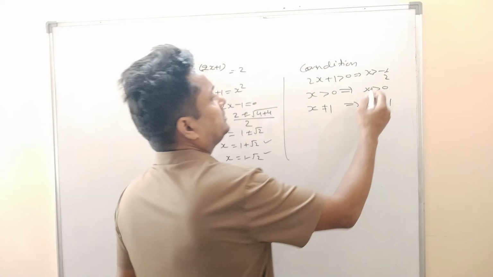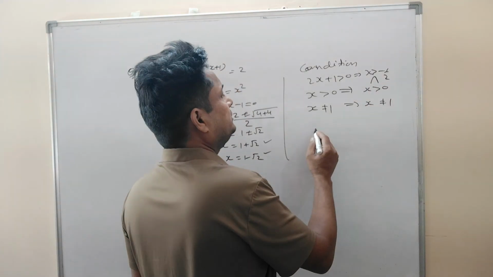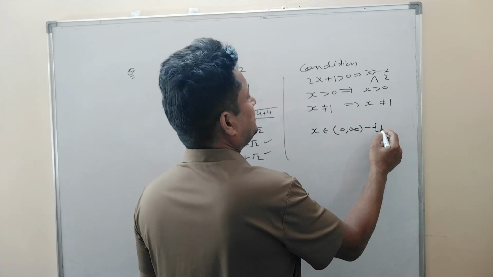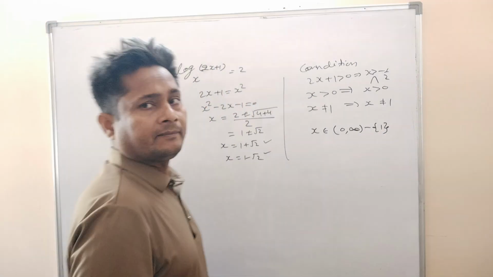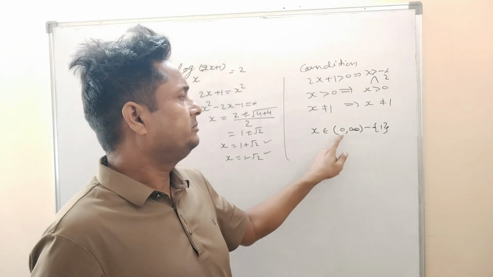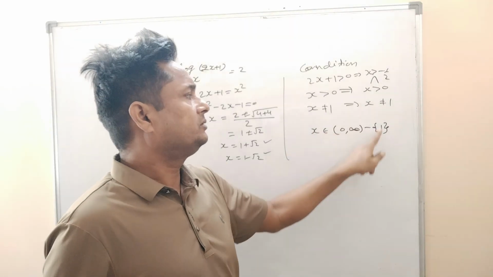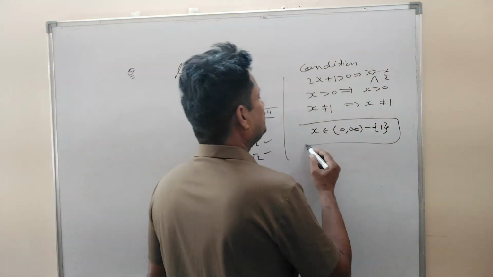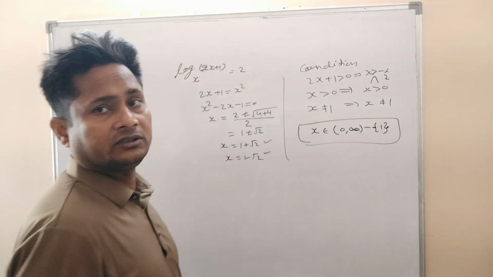If you take the intersection, our answer will be 0 to infinity minus 1. So these are our values of x for which this log is defined.